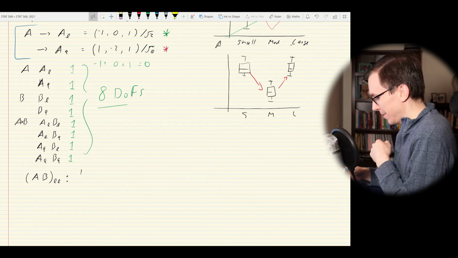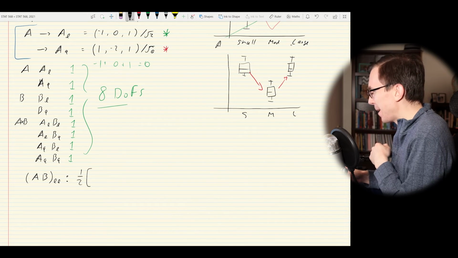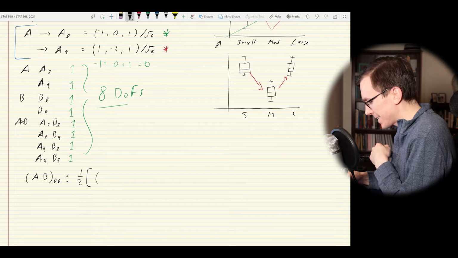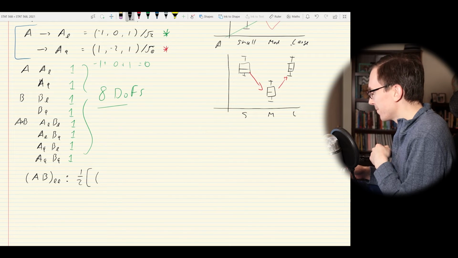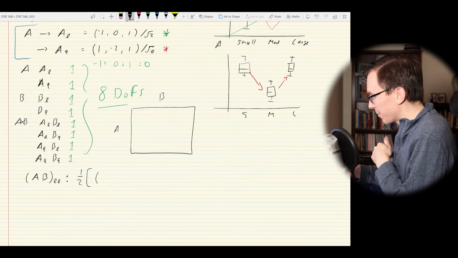So the equation would look something like this. I want to look at the linear contrast. What I should do is write down the big grid of y's. So if we imagine our data points in A and B, we can write them in a grid.